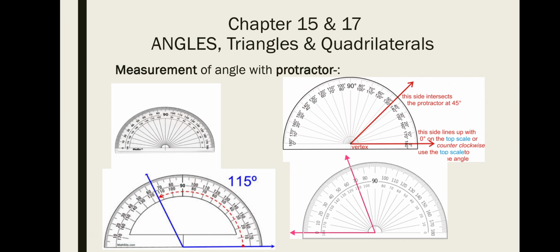Now measurement of an angle with a protractor. Now you can see how it is measured. The protractor is kept at the vertex. The middle point of the protractor is kept at the vertex of the angle. And one arm should coincide with the straight edge of the protractor.